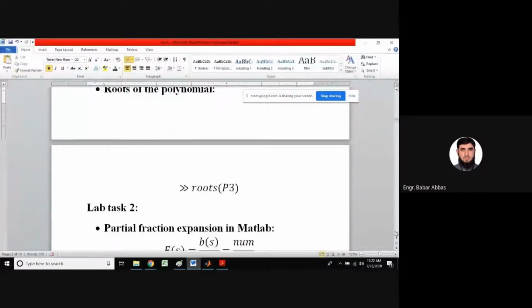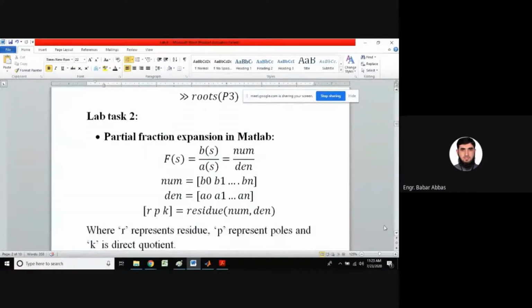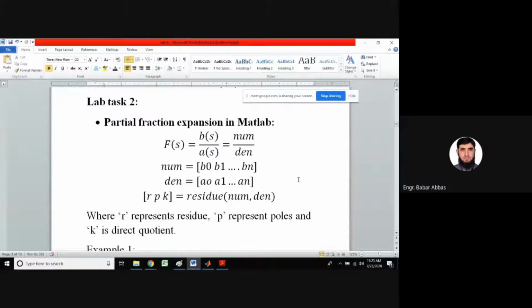Okay, going further, we have the partial fraction expansion in MATLAB. We have a transfer function F(s) equal to b by a, in the Laplace domain, that is numerator by denominator. We write the coefficients of the numerator and store them in a variable num.